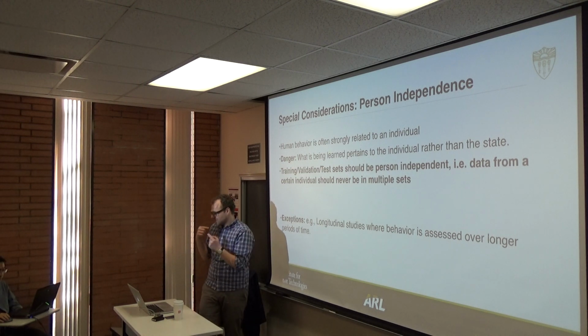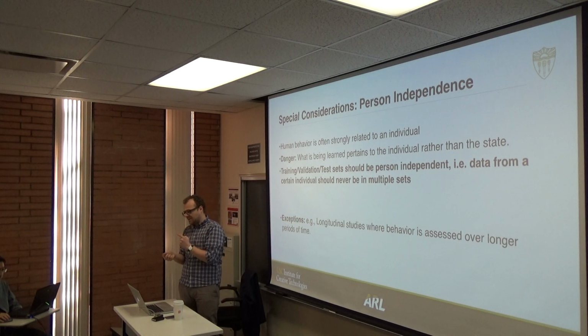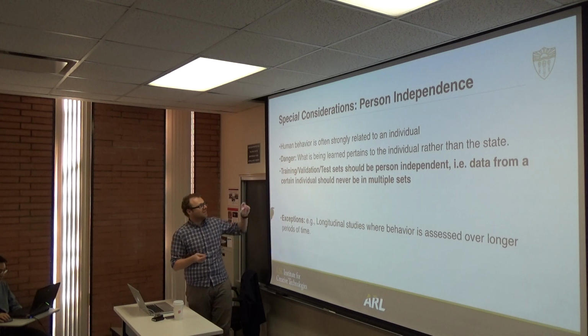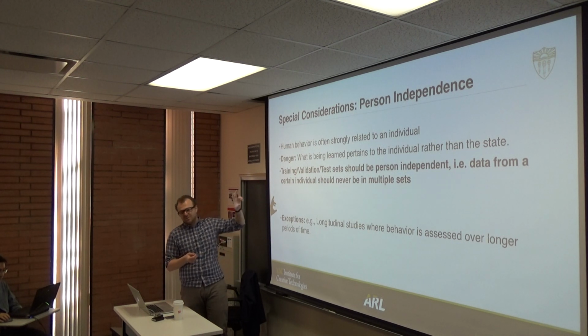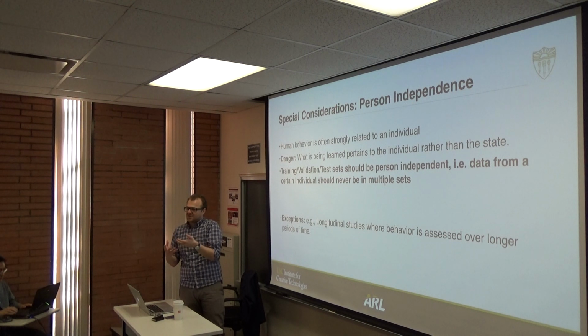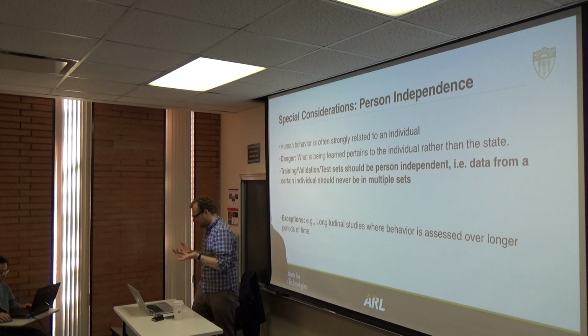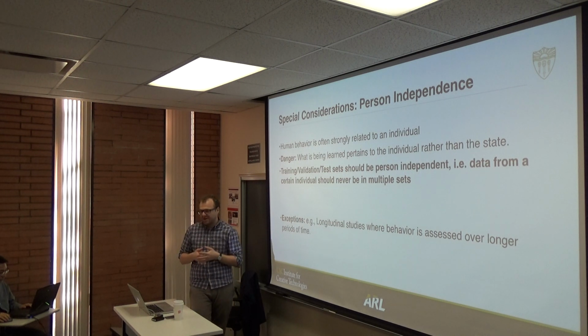You need to also think about what is in the data. So for example, we deal a lot of times with data that is from individuals, like a video recorded from a person, right? Or it might be speech that I recorded from an individual.